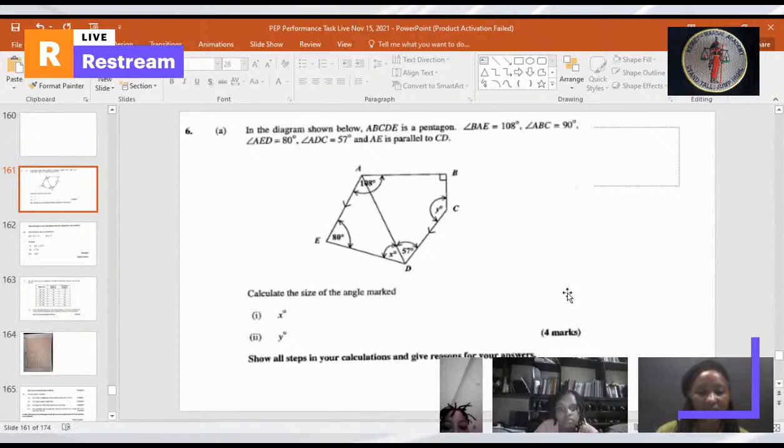So they want us to calculate the size of the angles marked X and Y degrees. So for I, we need to find angle X, and for II, we need to find angle Y. So take a minute to study the diagram and then tell me any ideas that come to you.